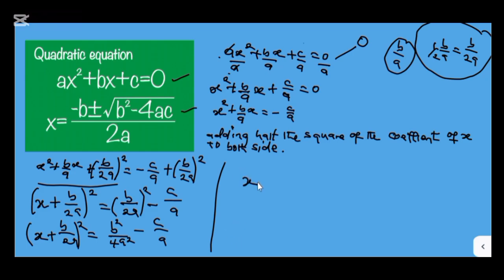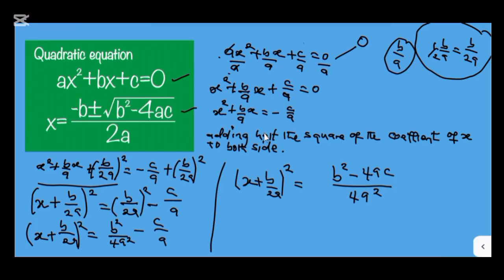So our x plus b over 2a all squared will be equal to b squared minus 4ac all over a square, because that's what we have, this square. So we have established this very result here. This and this is the same.